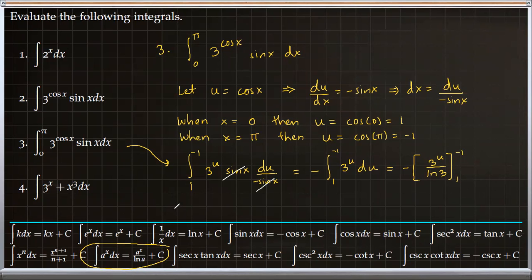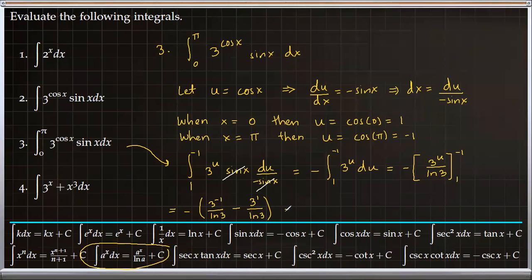So we have negative 3, and when u is negative 1, we get 3 to negative 1 over natural log of 3, minus, when u is 1, we get 3 to 1 over natural log of 3.